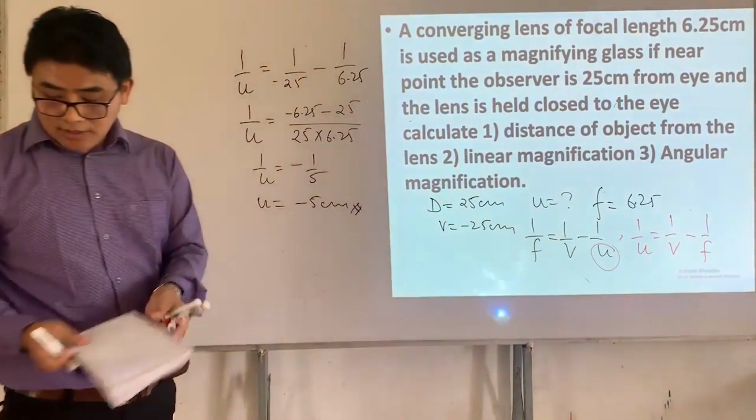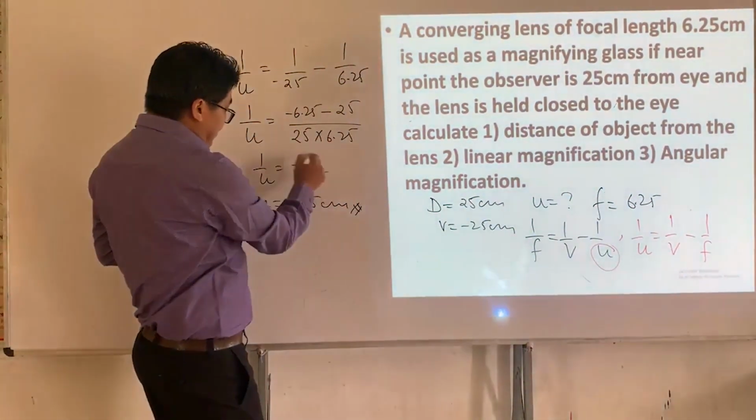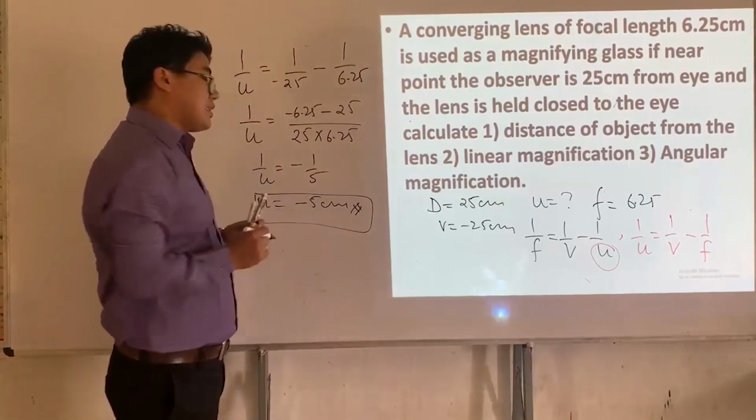So you do this calculation, I won't take much time. You will get finally 5, so therefore u is equal to minus 5.